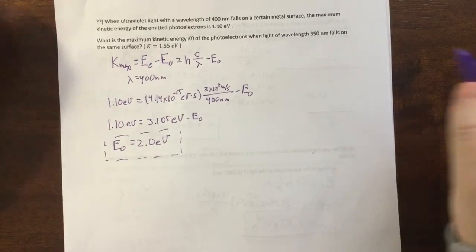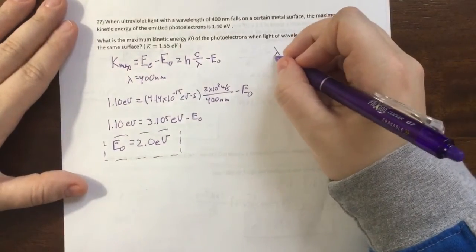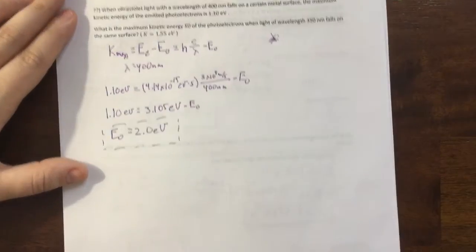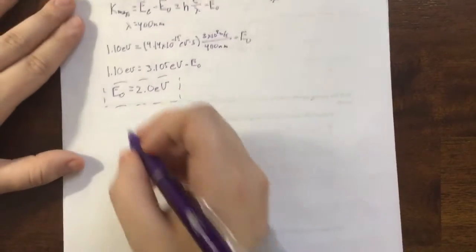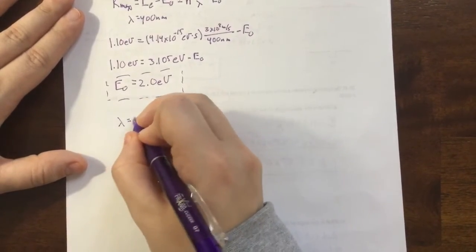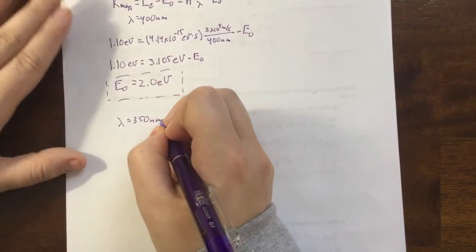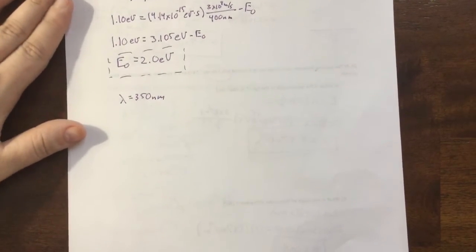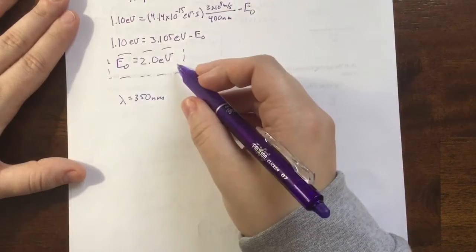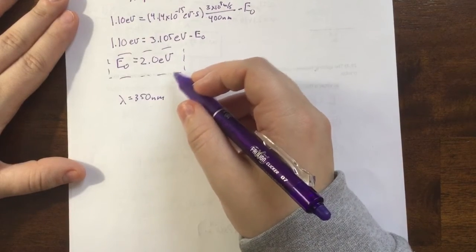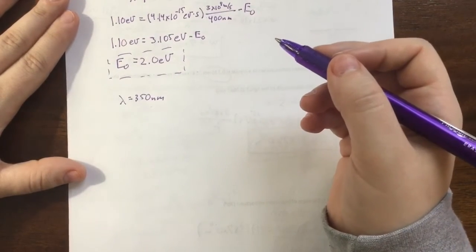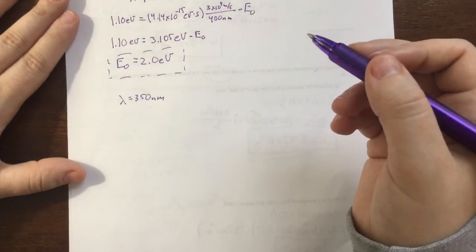For the second part, we have a wavelength of lambda equals 350 nanometers. We're going to use the work function from up here, and so we want to find the kinetic energy when we're using that wavelength.